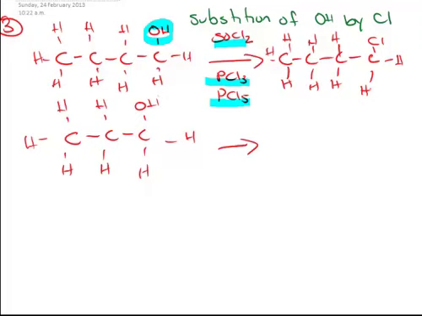Now this is just an example. This OH here could get substituted, as could an OH over here as well, and they would just get swapped out for a Cl. Okay, and that's substitution. It's called nucleophilic substitution because nucleophiles are attracted to a positive. They love them.